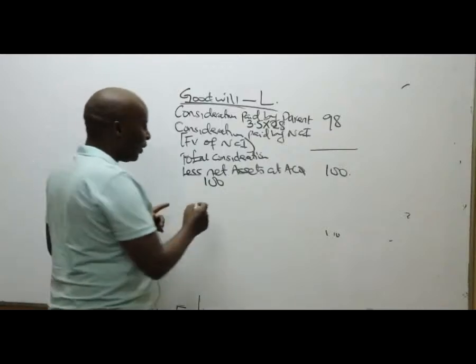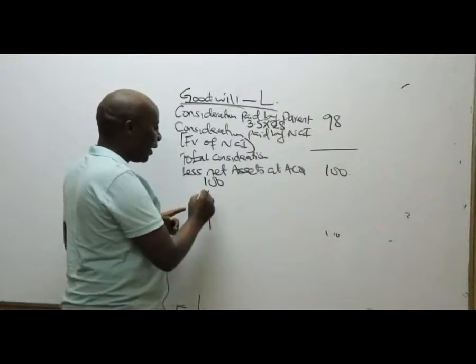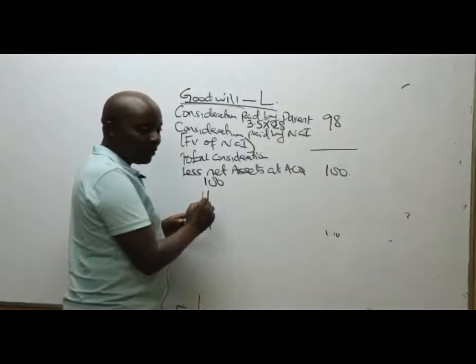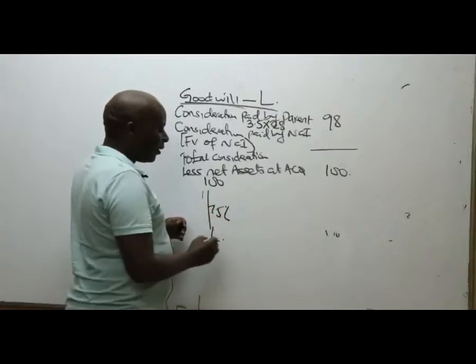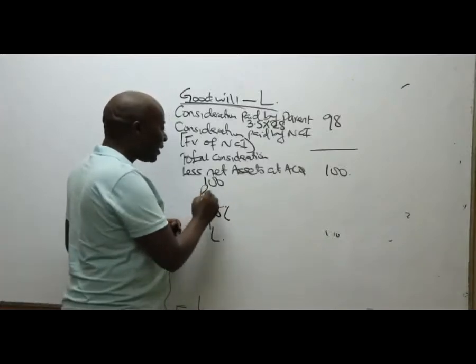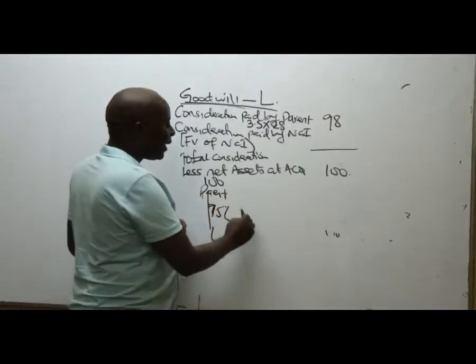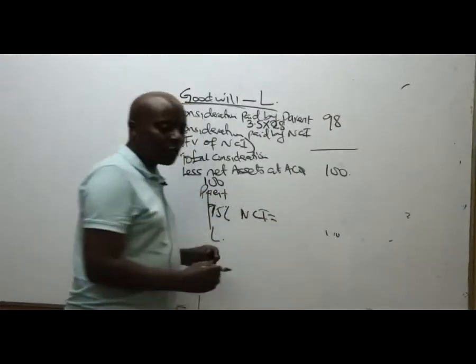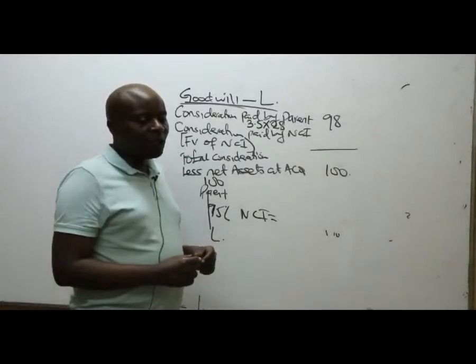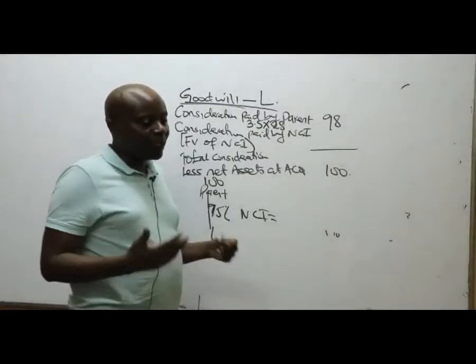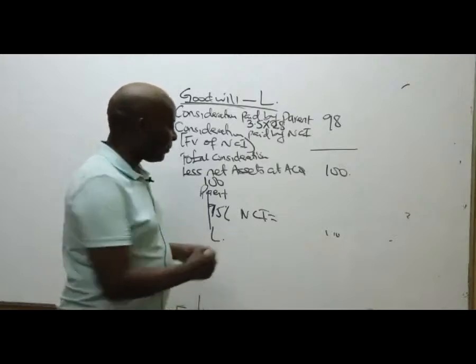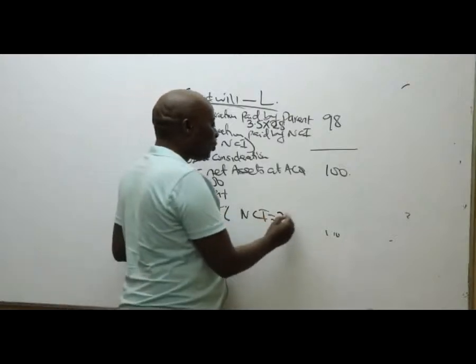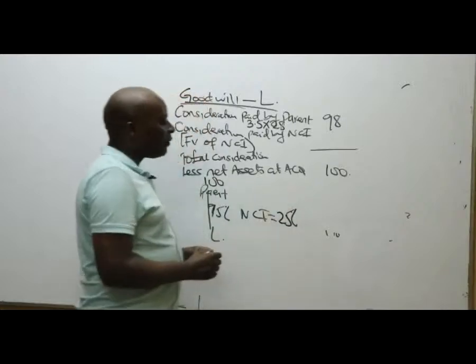So if the parent has 75% of L, then NCI will be having what percentage? 25%, because the two percentages must add up to 100%. So NCI will be having 25%.